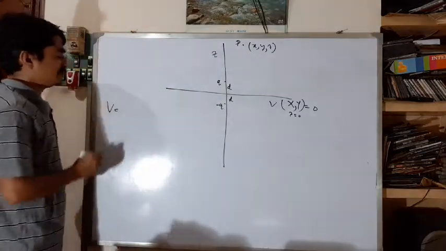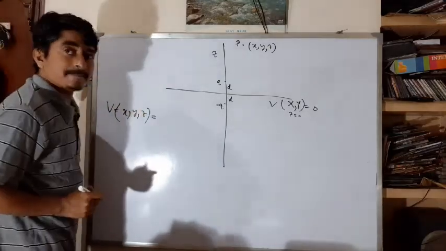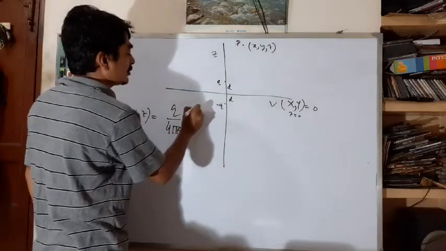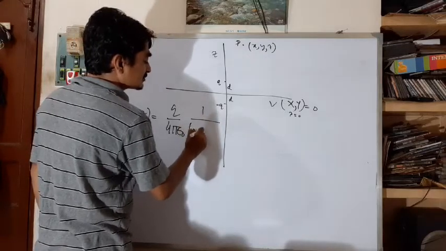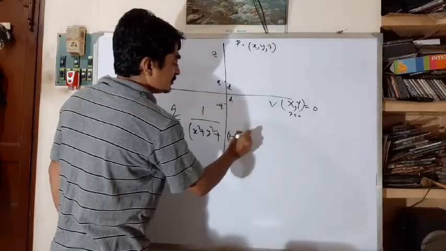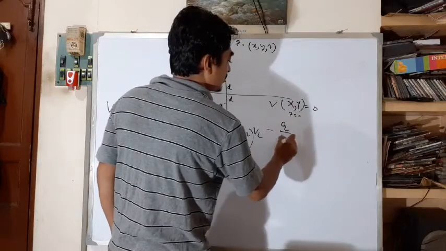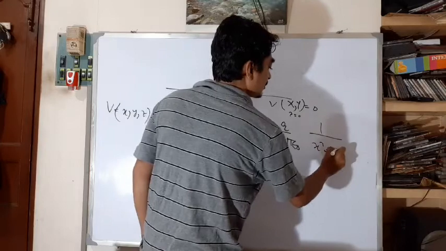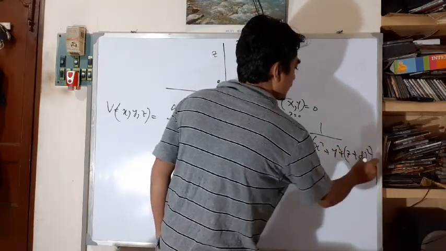V at x, y and z equals q by 4 pi epsilon naught, 1 by x square plus y square plus (z minus d) whole square, whole to the power half, minus q by 4 pi epsilon naught, 1 by x square plus y square plus (z plus d) whole square, whole to the power half.